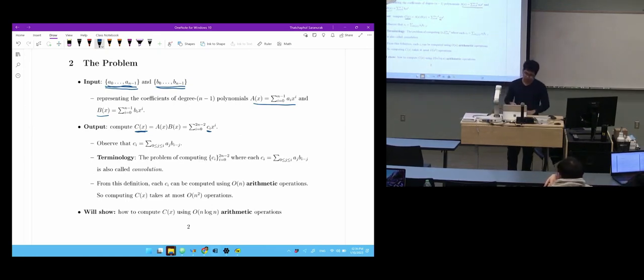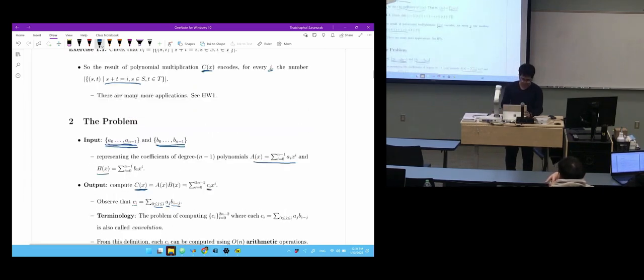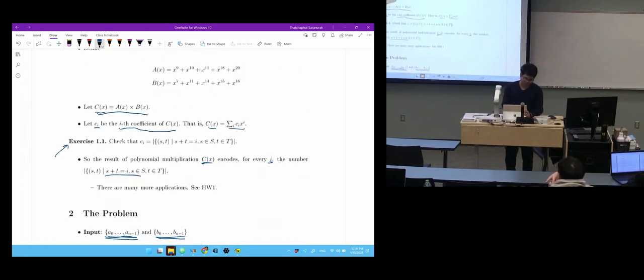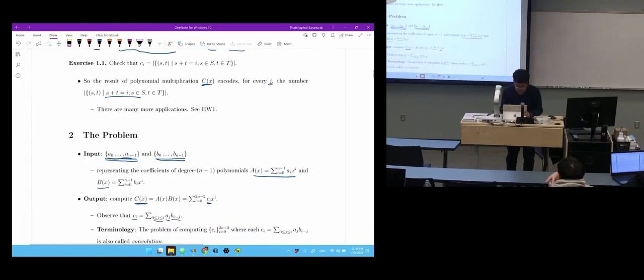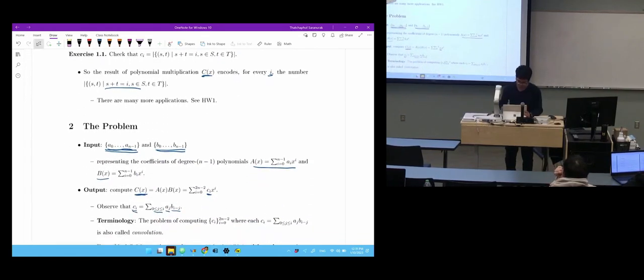And you observe that Ci is nothing but this thing, summing over all j ranging from 0 to i, aj times bi minus j. So that's why you get this exercise, just from the definition of how you multiply two polynomials.